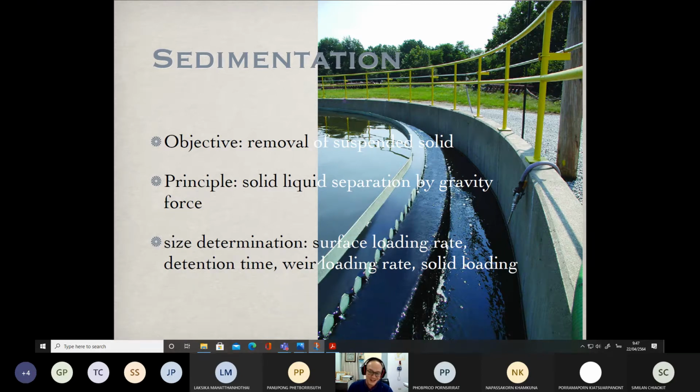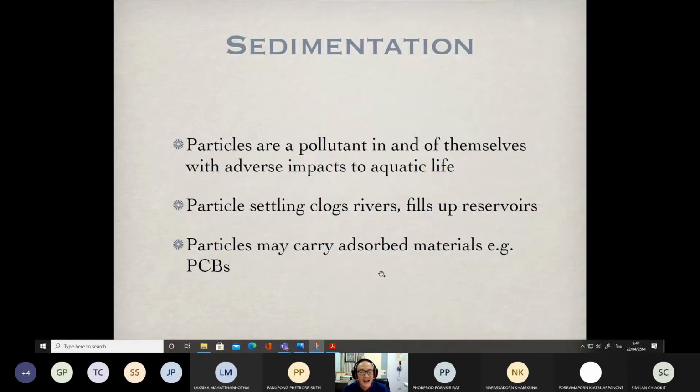But on the other hand, in the sedimentation tanks, we use a weir to minimize the turbulence inside the tank. So we install this weir around the edge of the tanks, or at least at the outlet.